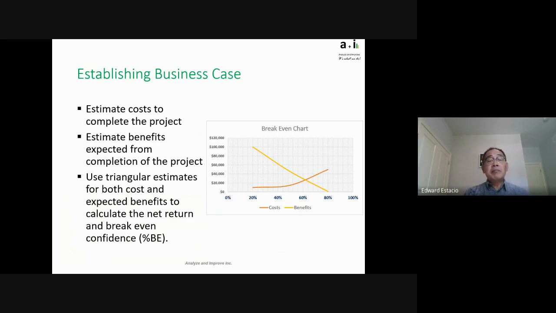We don't want to be spending more and not even gaining that money back. So there has to be a break-even point, and then what is our confidence level on that? How sure are we that by implementing this, we're going to have an improvement and the company is going to gain from it?